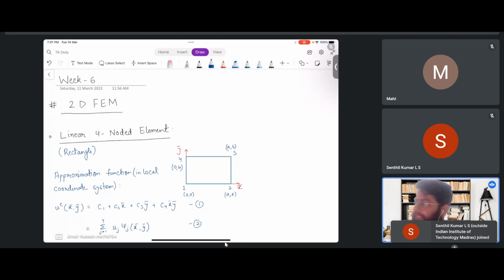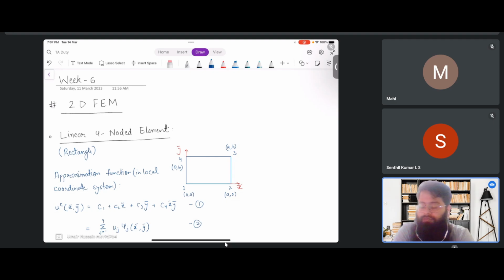Last week we studied how to discretize the domain, what kind of issues can come into discretization of the domain, how to get the weak form of the 2D FEM problems, and how to get the elemental level equations.